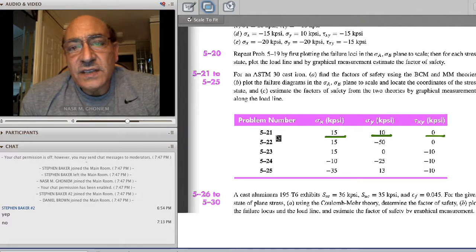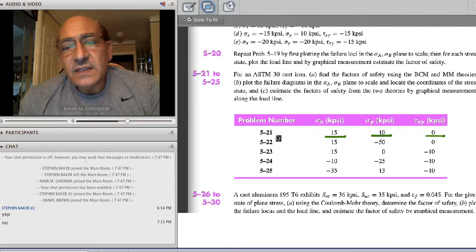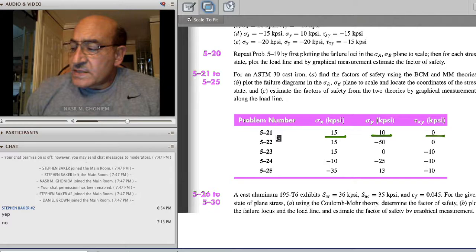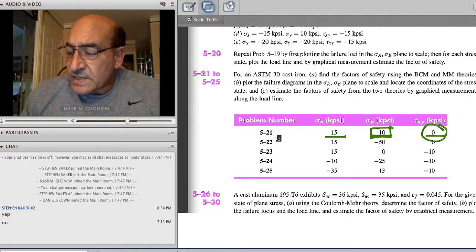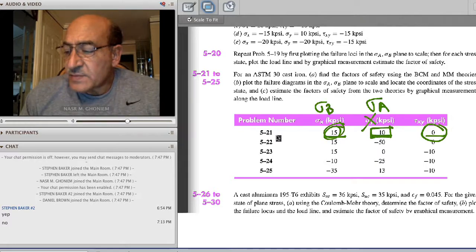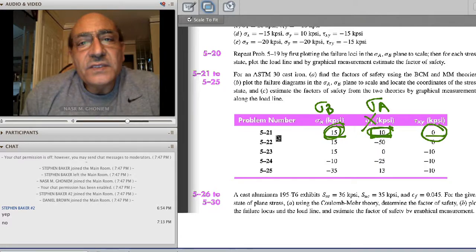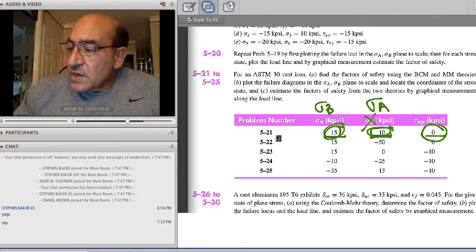Well, the answer is that you can go ahead and represent it on the sigma A, sigma B plane, since there's no shear, it means that this actually is sigma A and this would be sigma B. So you have basically sigma A and sigma B directly, which are the two principal stresses.